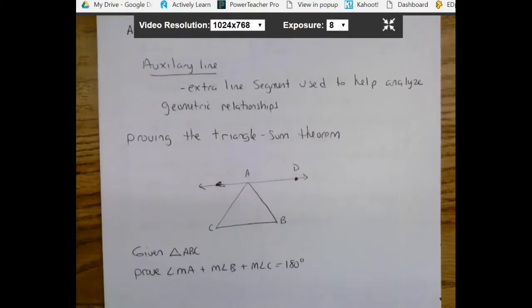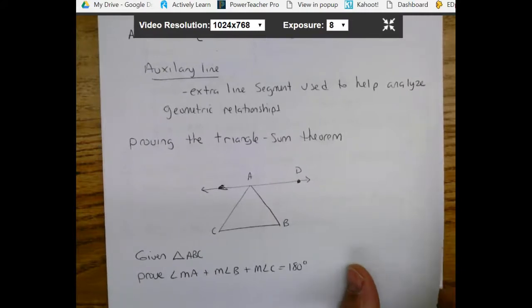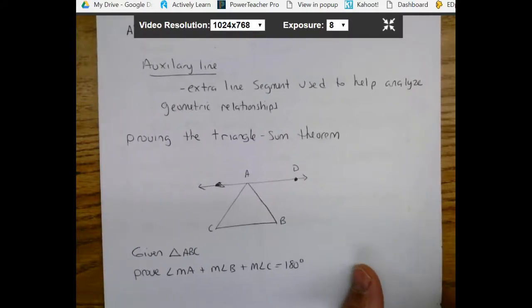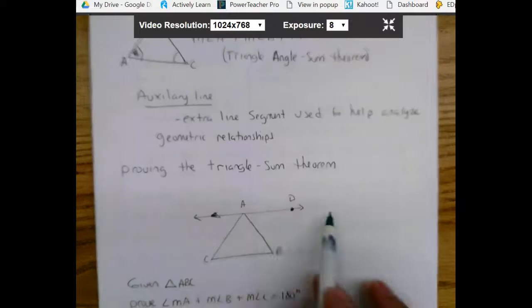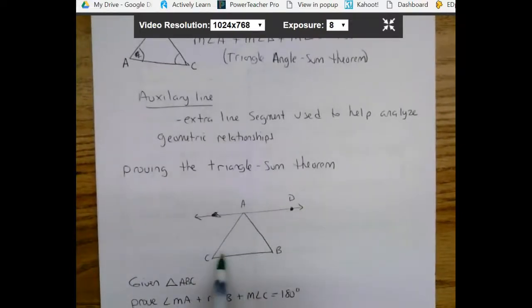And we're going to do that in an example next. So an auxiliary line is just a line you'd put parallel to some other line on the triangle. It usually works in certain places better than others, and I'll show you now how you use that.